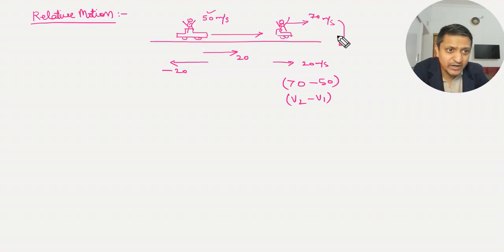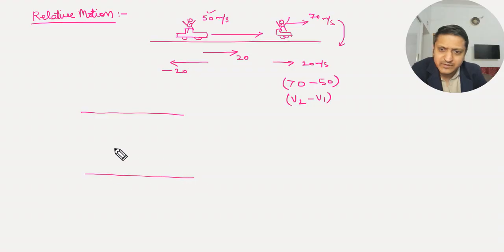So this was in a 1D pattern, but like in your book also, the examples and the questions would be from riverboat and the waves part. So suppose this is a river. Some boat is moving like this, and then there will be some waves.